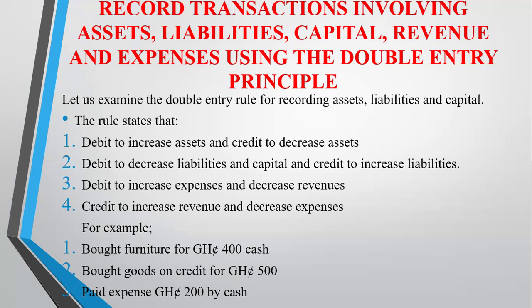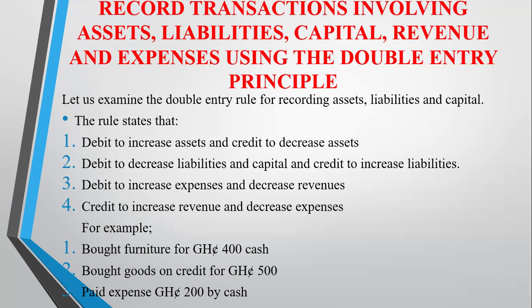And since it was bought on credit, we have the creditors account. So see them as two parties: the purchases and the creditor. Here, we ask ourselves who is giving and who is receiving. It is the creditor that is giving us the goods.